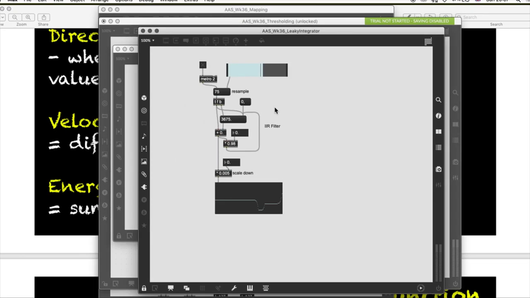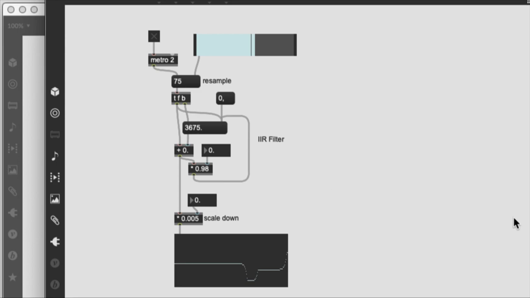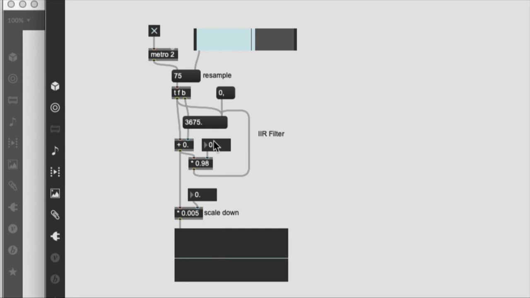I've shown you previously the smoothing that we looked at last week, which was a basic integrator, and now I'm showing you a leaky integrator, which is slightly more useful because it can actually yield the exact value. I'm using a leaky integrator, which will make a huge difference because it will actually follow the input value.